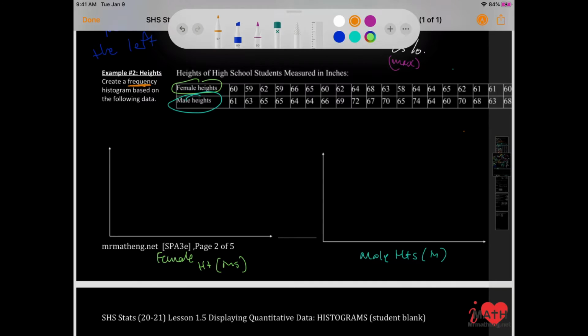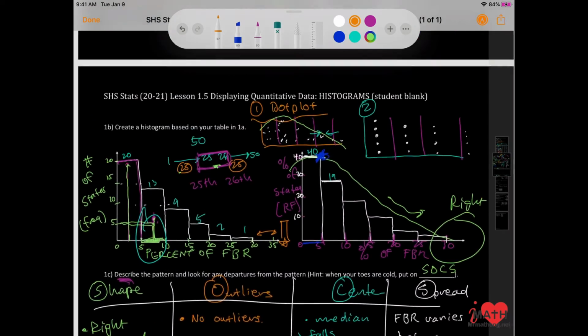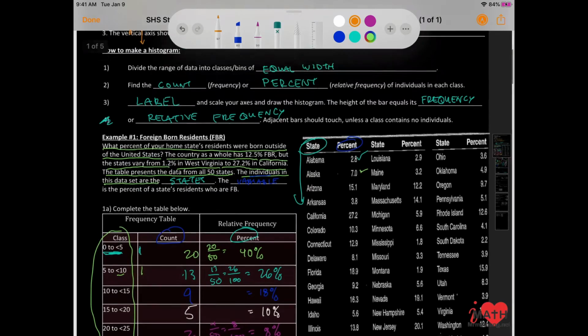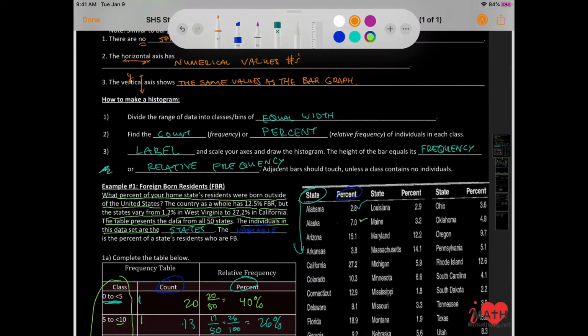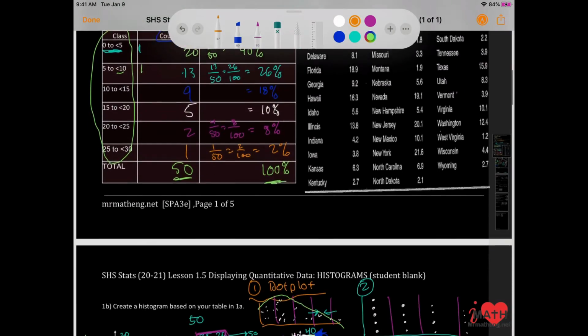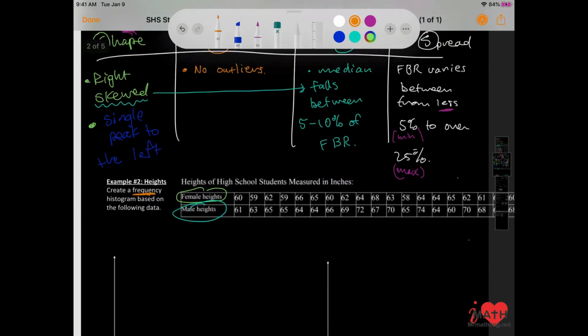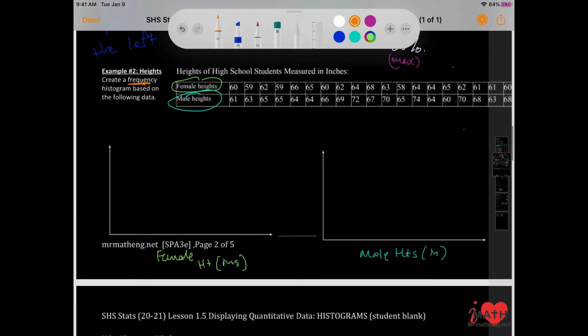Now, the first question you need to think about as you look back up at your notes is we need to divide this into different classes or bins, okay? So think about all the numbers that you see. Let me do the first one with you, and then you can pause and press the second one, okay? So I recognize for female heights, the minimum or the lowest number that I see there on the list, go ahead and circle it. I'm going to do it. That's 58.